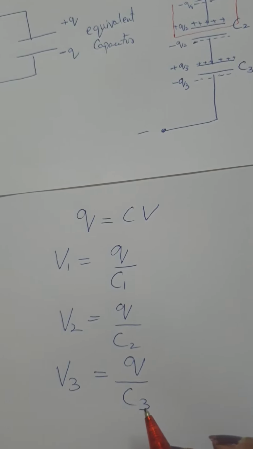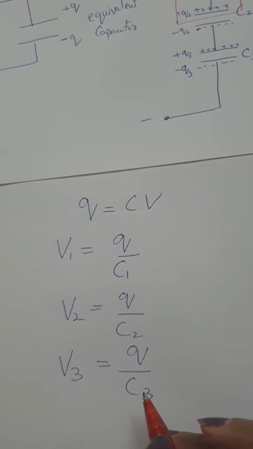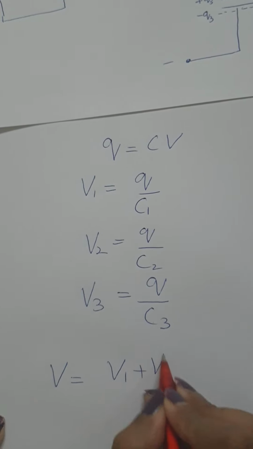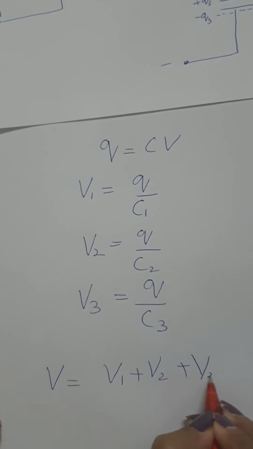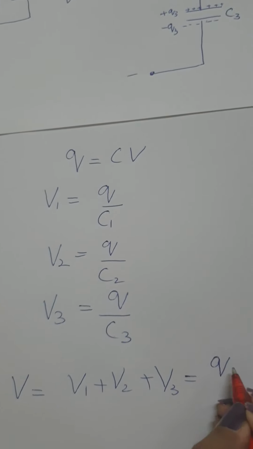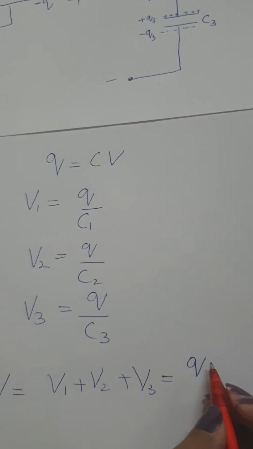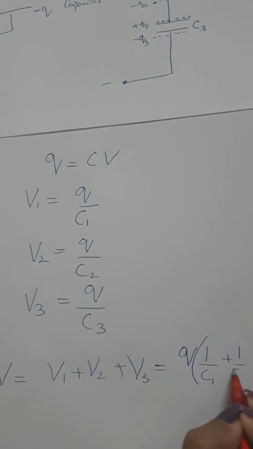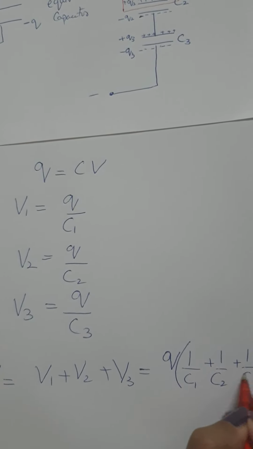So the total potential difference due to the battery is the sum V1 plus V2 plus V3, and it becomes Q times (1 over C1 plus 1 over C2 plus 1 over C3).